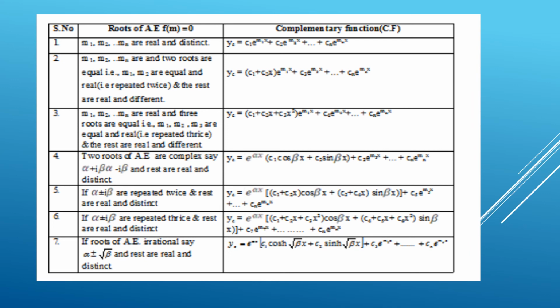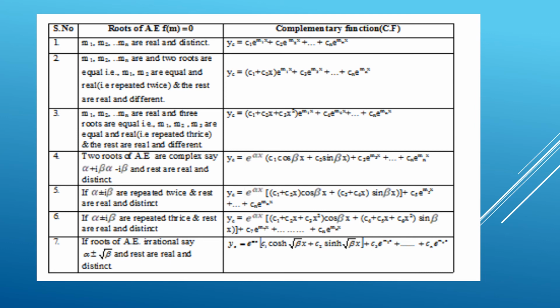If m1, m2 and so on are real roots, we'll get c1 into e power m1x plus c2 into e power m2x, and so on. And if both roots are equal, we can write c1 plus c2 into x into e power m1x.